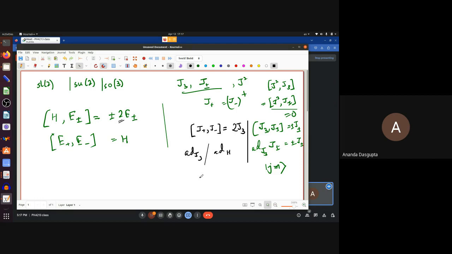Okay, first of all, for a given j, can m be arbitrarily large? You fix the value of j, which essentially means you're fixing the eigenvalue for J squared. Is it possible for m to be arbitrarily large or arbitrarily small? Come on, this is trivial, right?